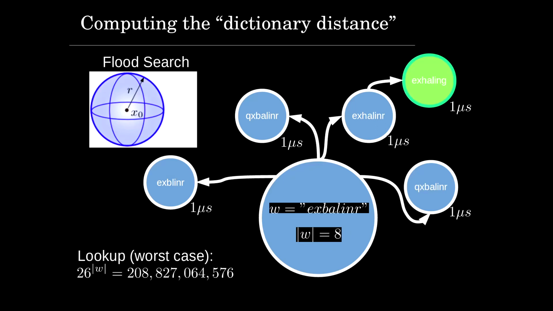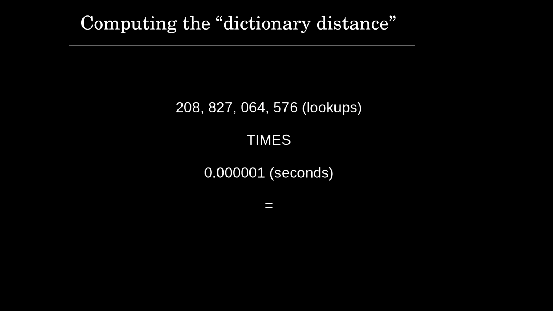If you have an input of size 8, and you're actually willing to search it exhaustively and see how close to the dictionary it is, then you're going to need to do, I don't remember the number by heart, but it's a large number of lookups. So let's say that one lookup into the dictionary is going to take 1 microsecond. I imagine that's in the right ballpark.